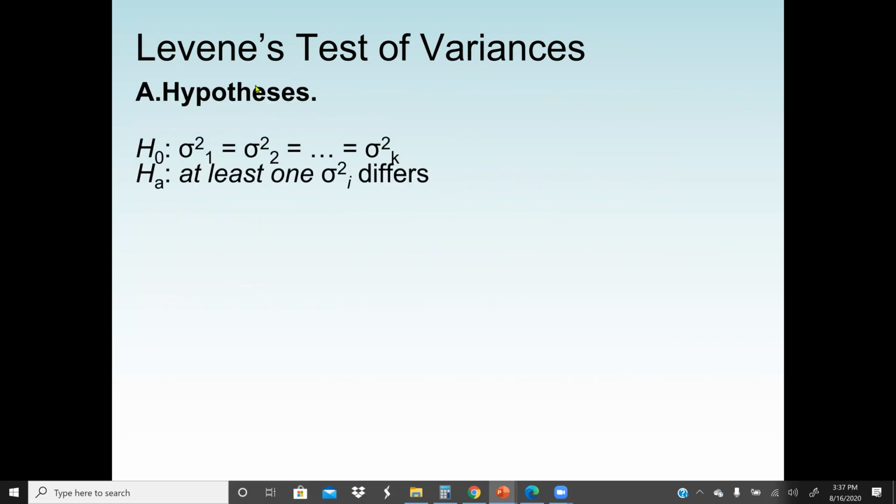For hypothesis testing, we are testing the variance. H0: the first group variance equals the second group variance, all the way to the kth group variance. HA will be that at least one of the variances is not the same.